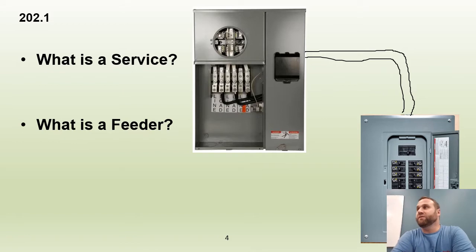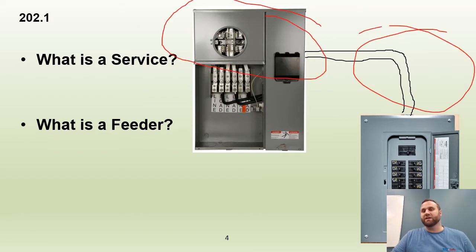The definition of a feeder is between overcurrent protection devices and the service. And then a branch circuit would be anything past the last overcurrent protection device. So keep that in mind. What we're going to be focusing on today is sizing our feeders, feeding our service or feeding our main breaker.